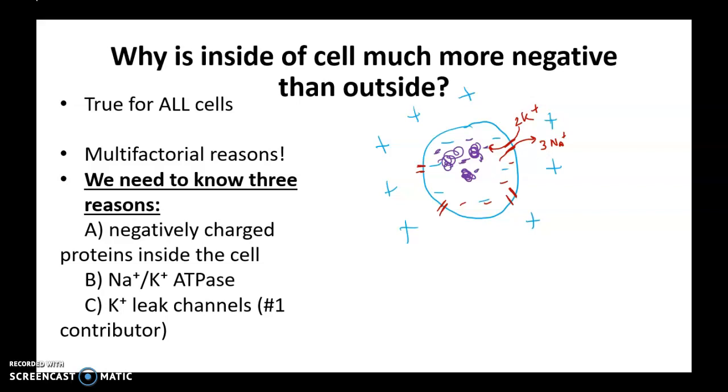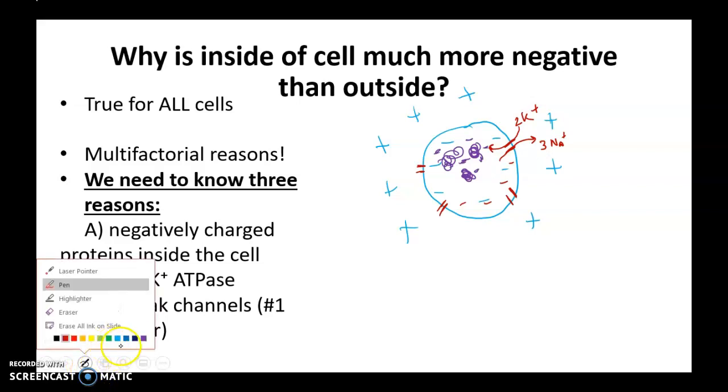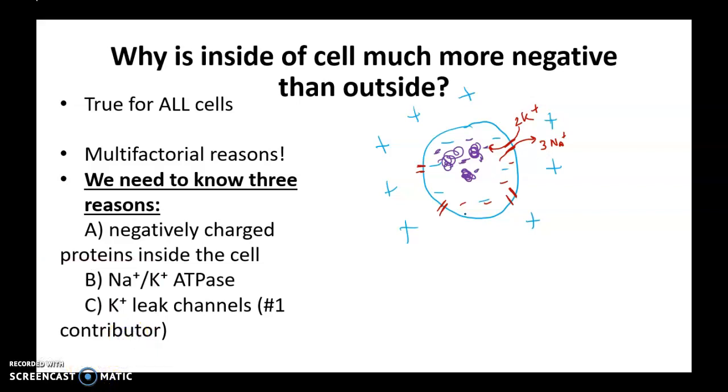Anyway, the last reason that contributes to the negativity inside the cell are the potassium leak channels. So there are some leak channels. Let's draw those. I will use this color. Okay. So these channels, I'll draw a few. These channels are potassium leak channels.